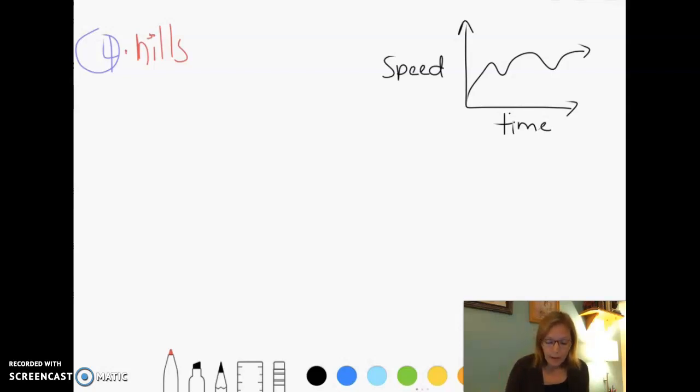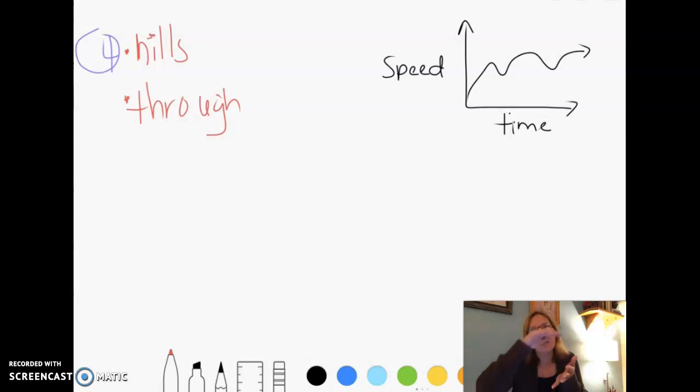Another thing that might be happening is he's riding through town. Maybe there's a busy town and there's a lot of stoplights, and he has to keep stopping and wait for a light to change, and then he can go again. So that causes his speed to go up and then down, and then up and then down.